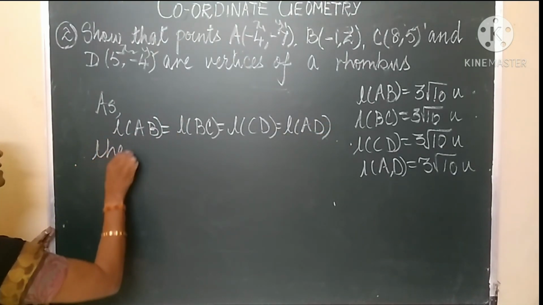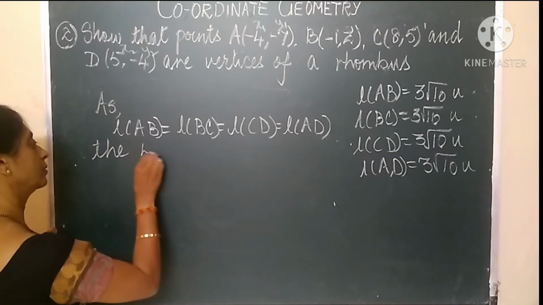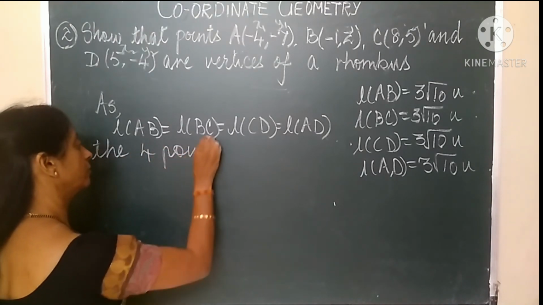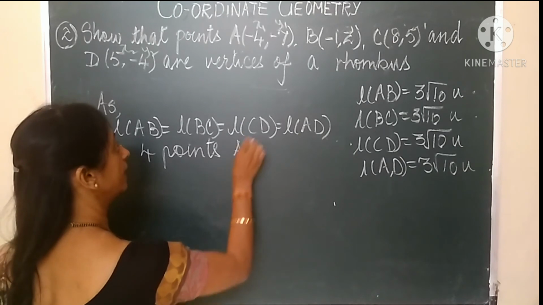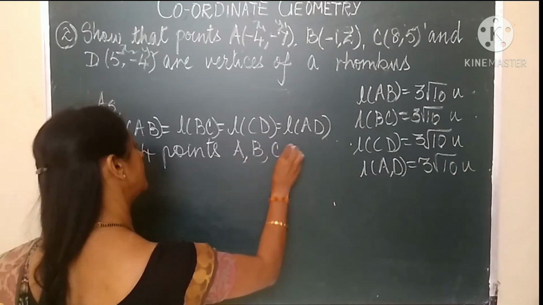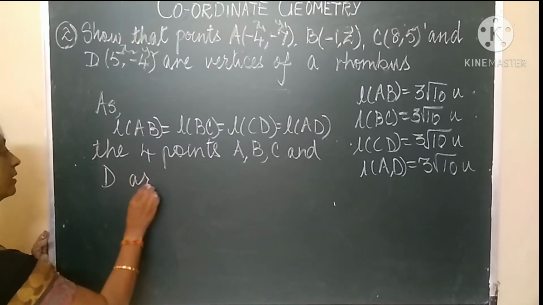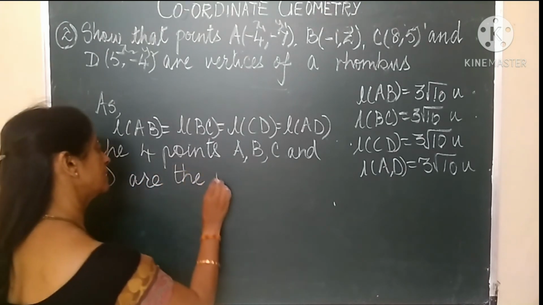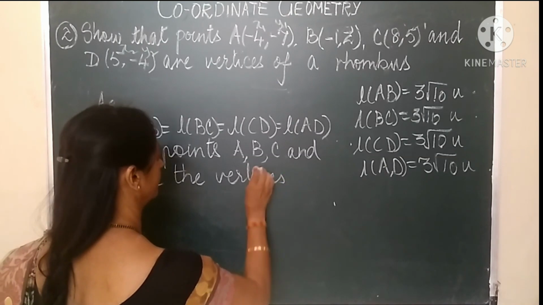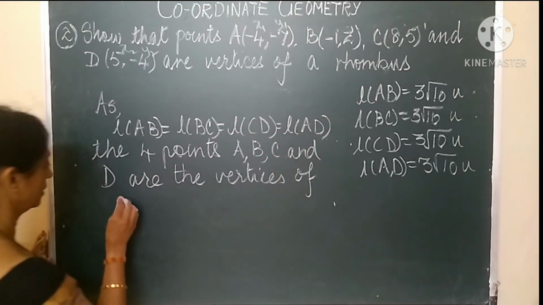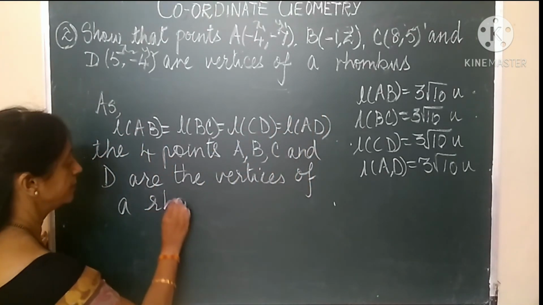The 4 points A, B, C and D are the vertices of a rhombus.